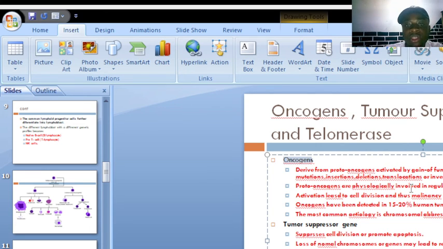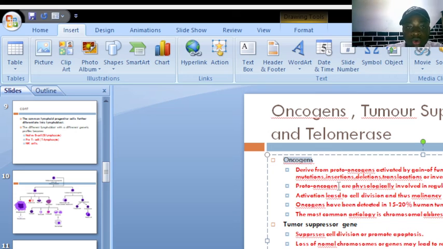Now these proto-oncogenes can be mutated. You understand? So when they are mutated by, let's say, gain of function mutation, either by point mutation, by insertion, or by deletion, they give rise to what? Oncogene. And when they give rise to an oncogene, this oncogene will lead to cell division, and thus malignancy, which is very important.